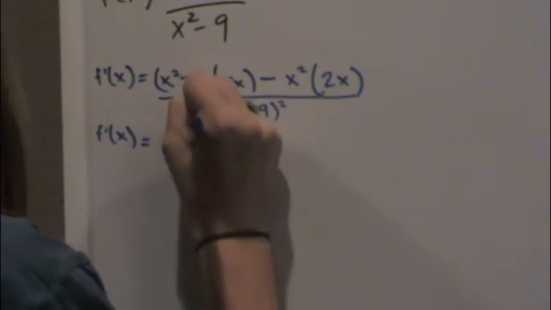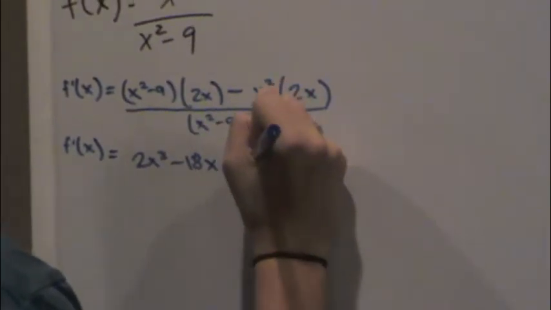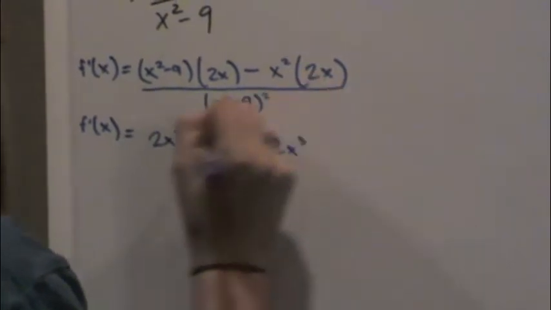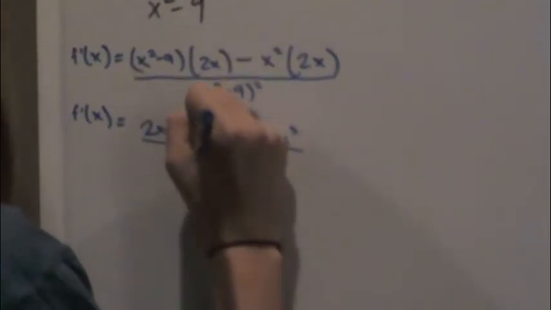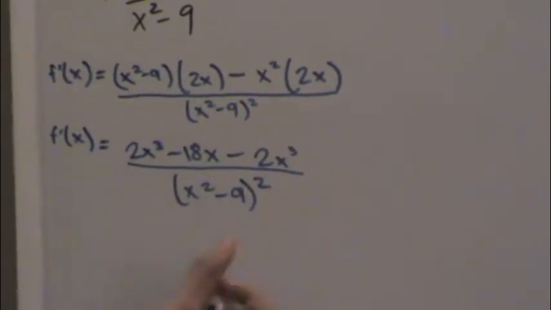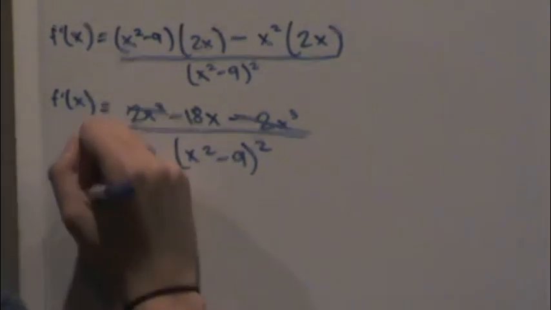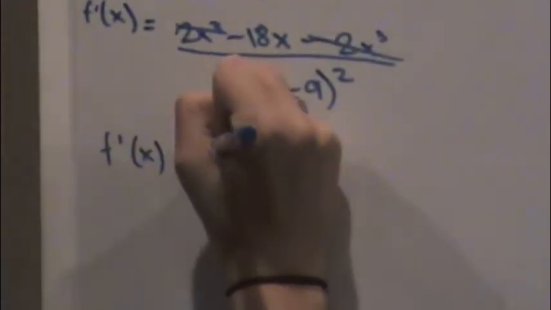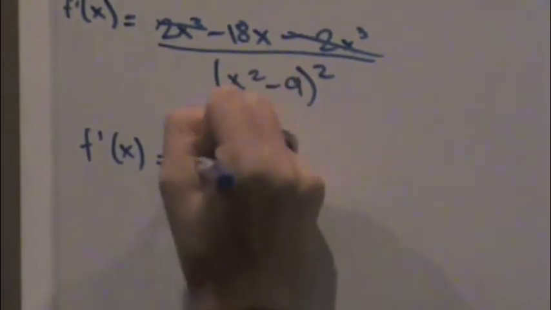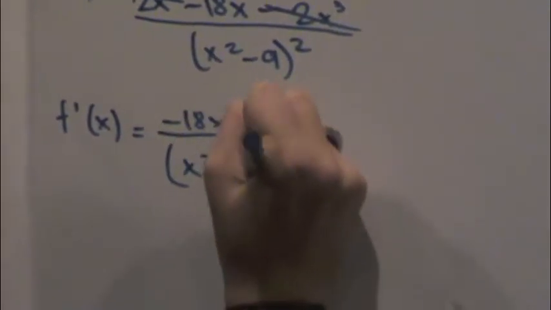So you get 2x cubed minus 18x minus 2x cubed. So you can just cancel the 2x cubed. So you get your derivative to be negative 18x over x squared minus 9.